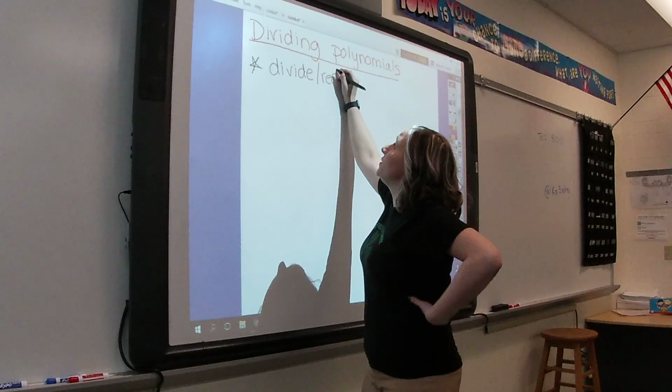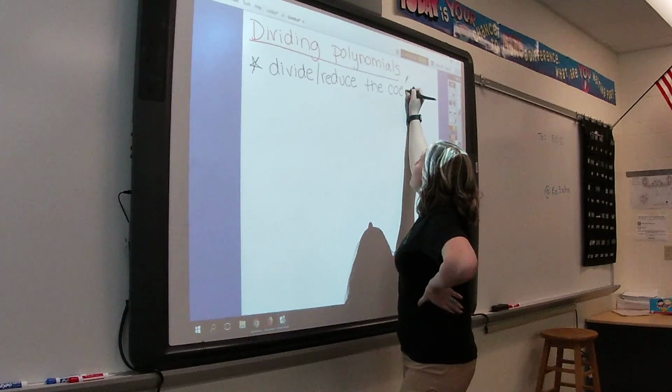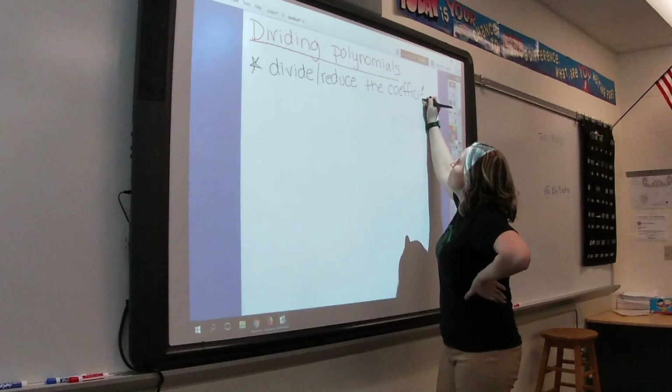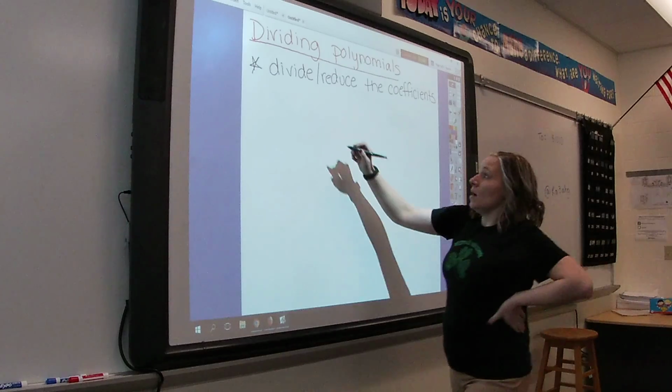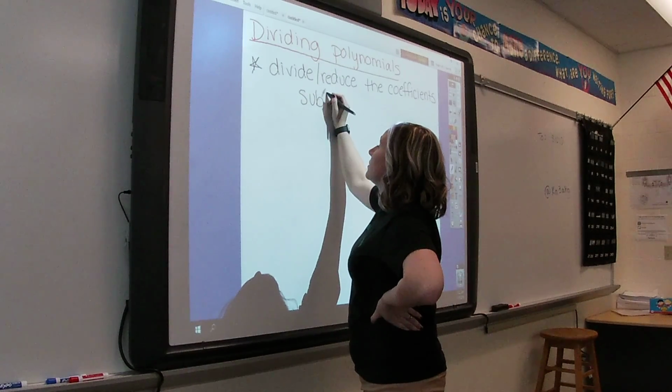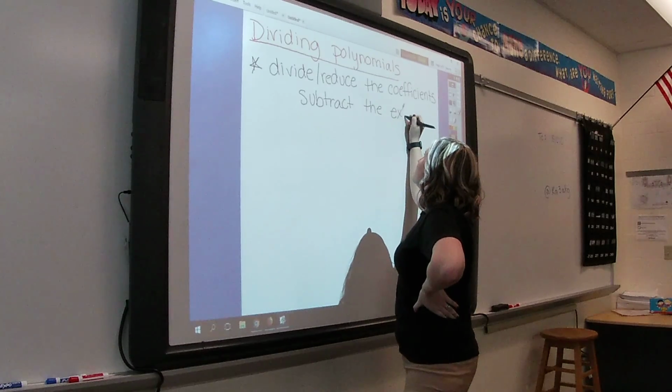says that we are going to divide or reduce the coefficients and that we subtract the exponents.